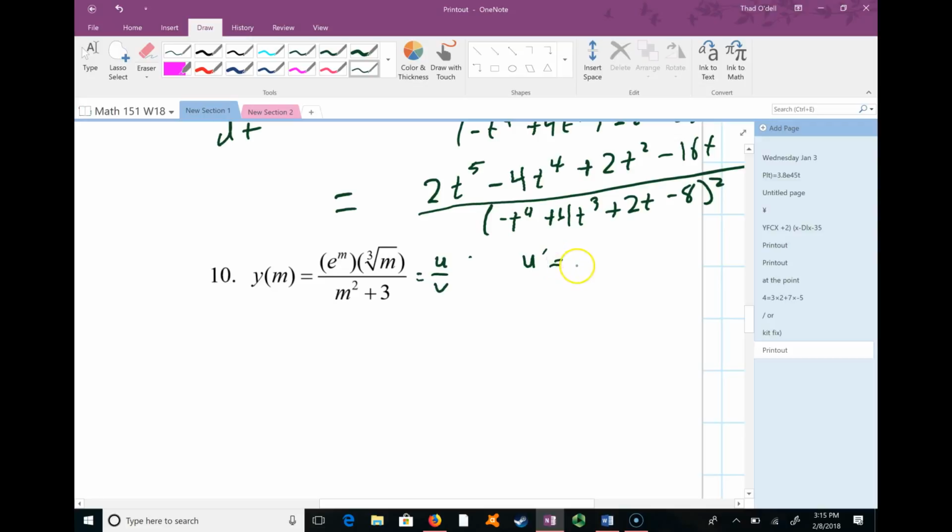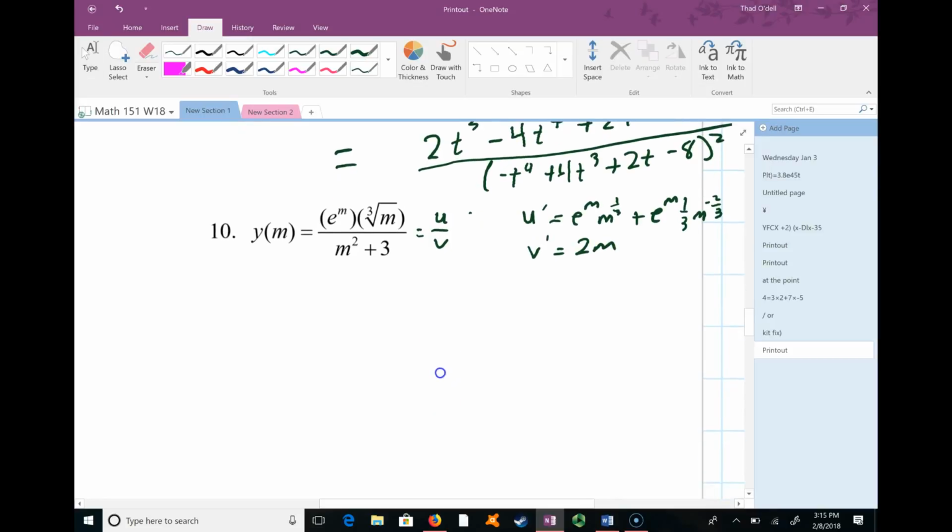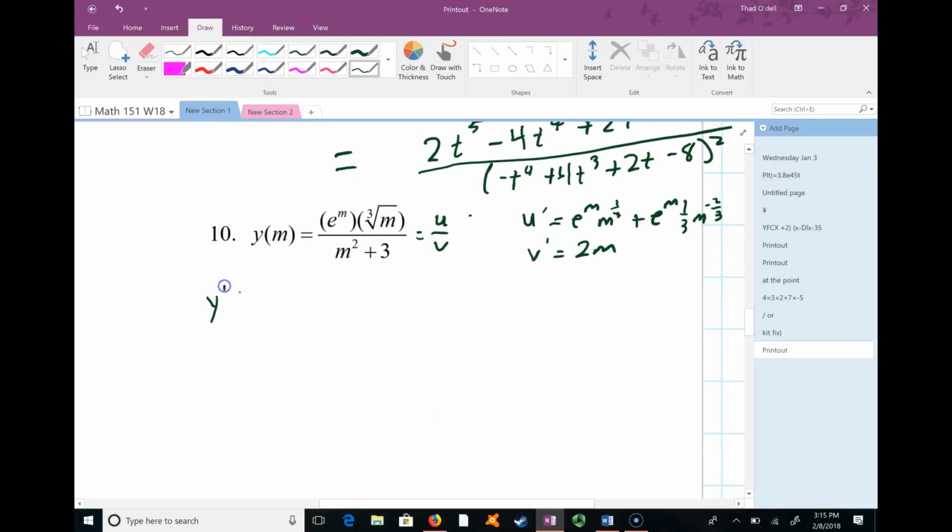U prime is going to be e to the m times m to the 1/3 plus e to the m times 1/3 m to the negative 2/3. And v prime, of course, is just going to be 2m. That's nice. So I'm looking for y prime of m.